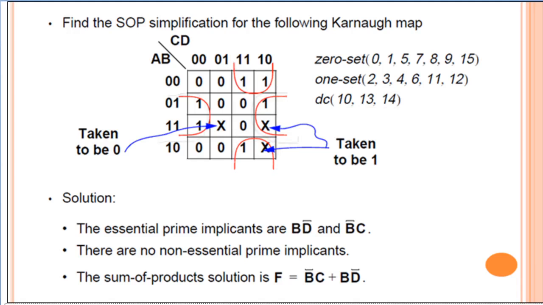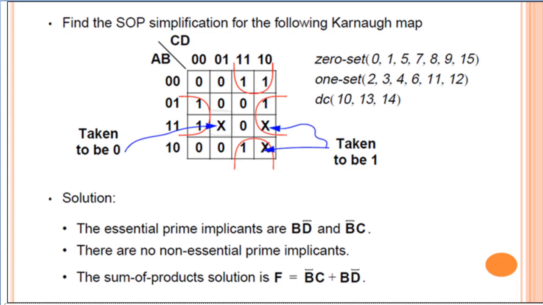That means this one, this one, this one and this don't care can be treated as 1, and we can create a group of 4 ones. Now this don't care can be treated as 0.